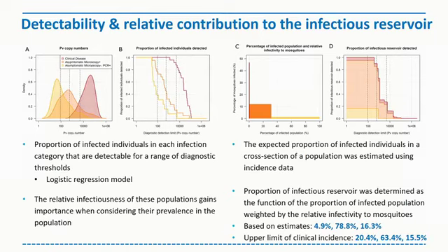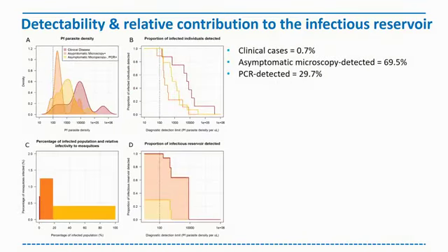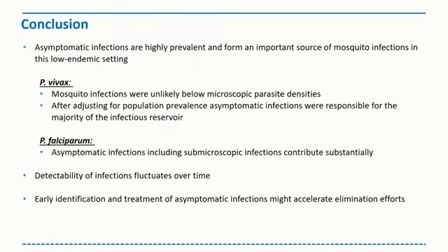Estimates always come with uncertainty, but when we include the upper limit of clinical incidence in this low endemic setting, we still find asymptomatic individuals contributing highly to the infectious reservoir. As was shown in the previous slides, the infectivity for falciparum was relatively low in that setting, and most of the infections are caused by asymptomatic individuals. So the asymptomatic individuals are contributing significantly in this low endemic setting.